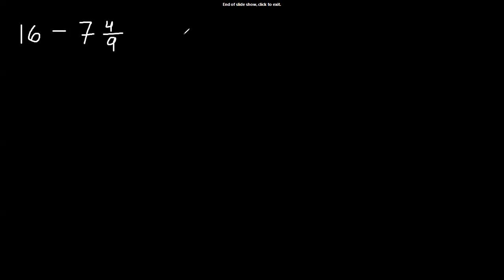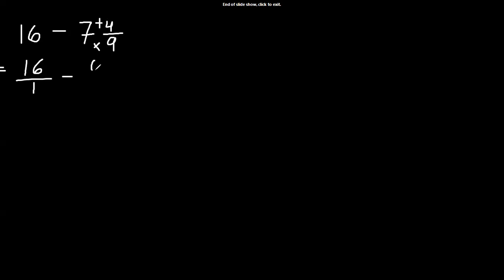All right, so let's go ahead and quickly answer this question. For this one, I would put the 16 over 1. So 16 over 1 minus, what's 7 times 9? 63 plus 4 is 67.